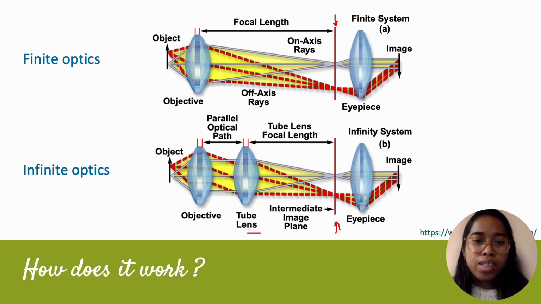It is in this red line. The eyepiece will then further magnify the intermediate image so that our eyes can see it. When using a camera, the eyepiece will be replaced by the camera at this position where the eyepiece is.